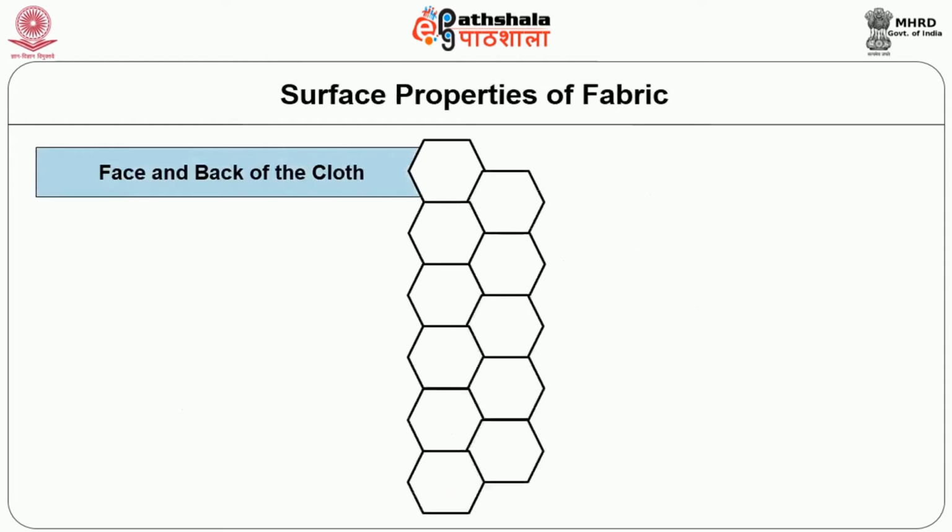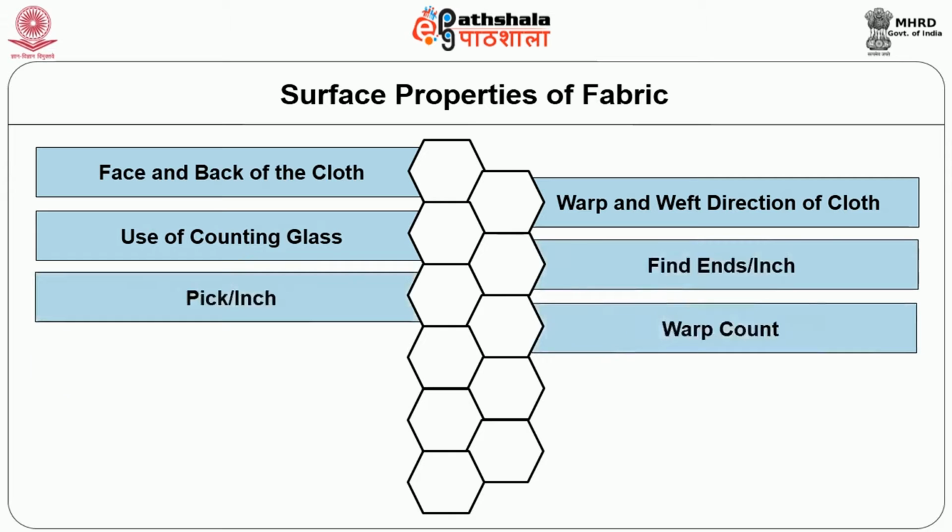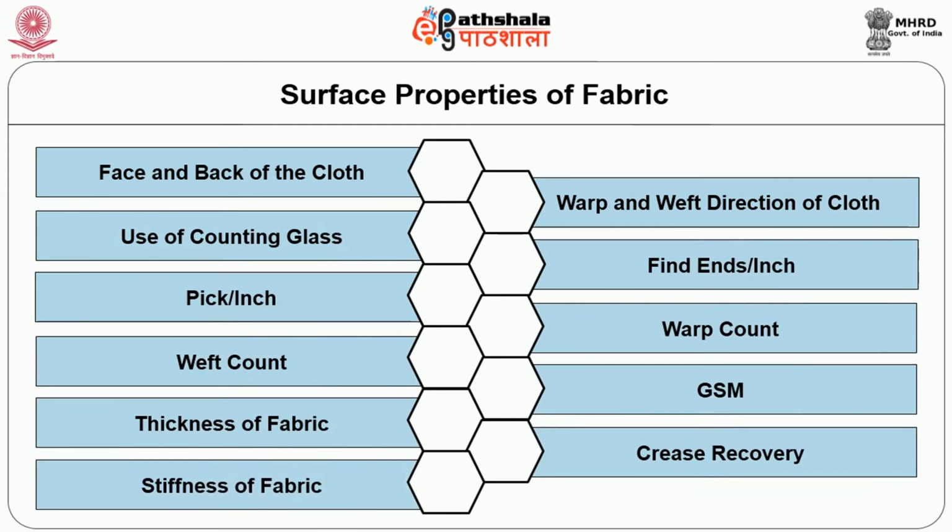First, what is the face and back of the cloth? This is an uphill task for a technician: to find the face and back of the fabric, which side to be exposed to sunlight, and which side should touch the body in the case of a garment or any other material. So we have to identify the face and back of the cloth properly to identify the surface properties of the fabric.